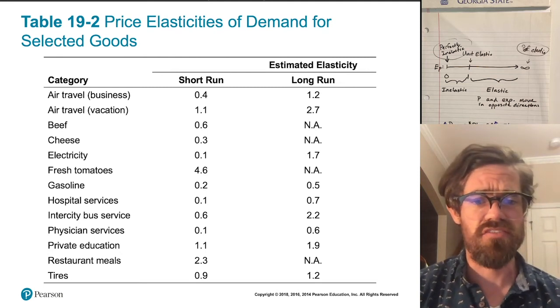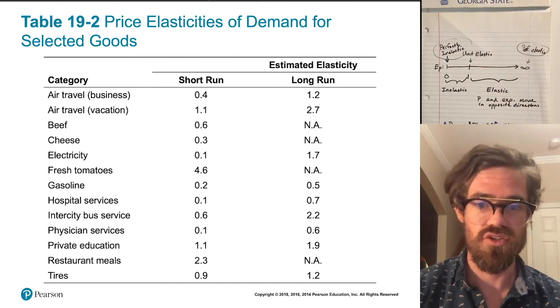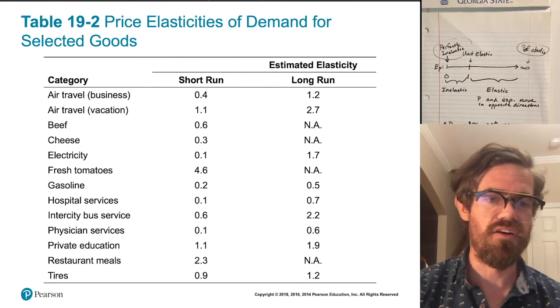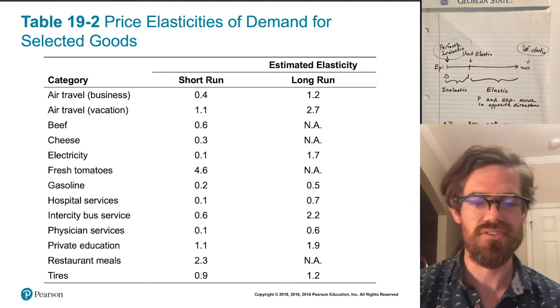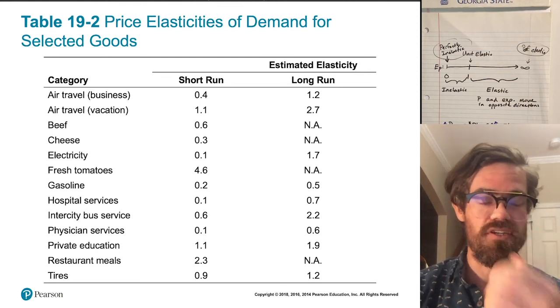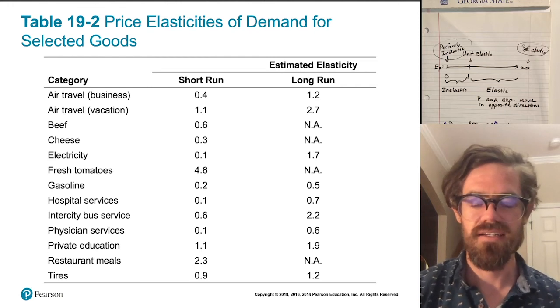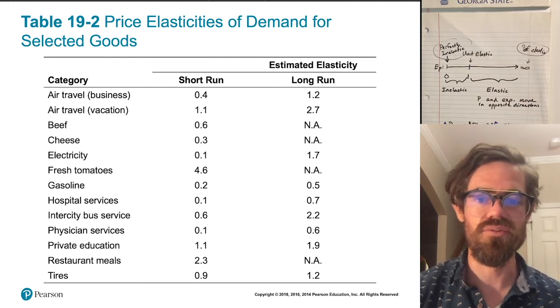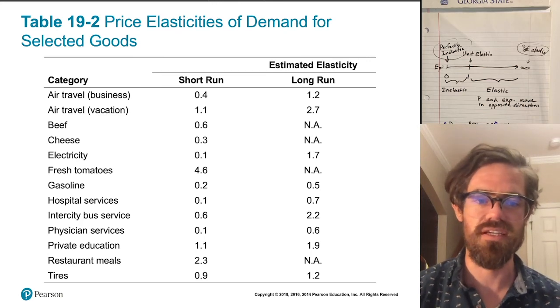So like electricity, for example, very inelastic demand, 0.1 in the short run, at least, compared to fresh tomatoes, right? Lots of substitutes for fresh tomatoes, canned tomatoes, other types of food. So I would encourage you to take a minute, pause the video and look at this and verify substitutability, fraction of budget, and those sorts of things with regard to elasticity.